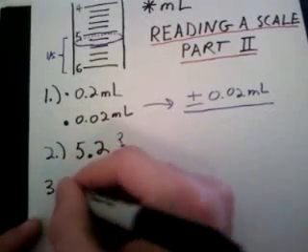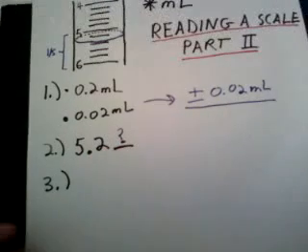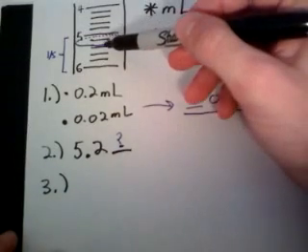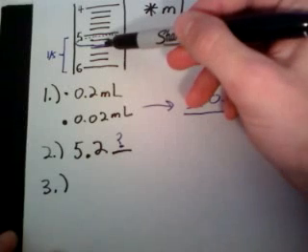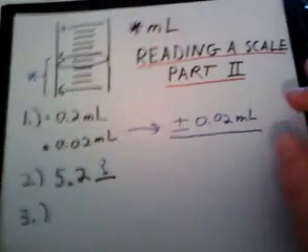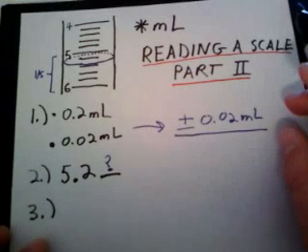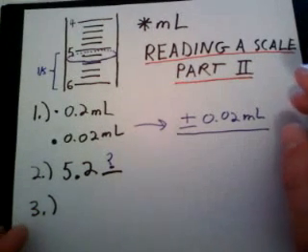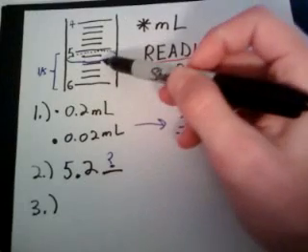So step 3 is to estimate how many tenths this meniscus lies. We're going to approximate that. So, what does that look like to you? It's kind of hard to see because it's a little small, but to me it looks like it comes before the next mark.